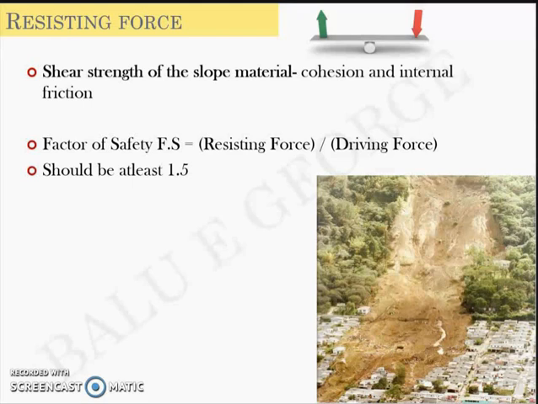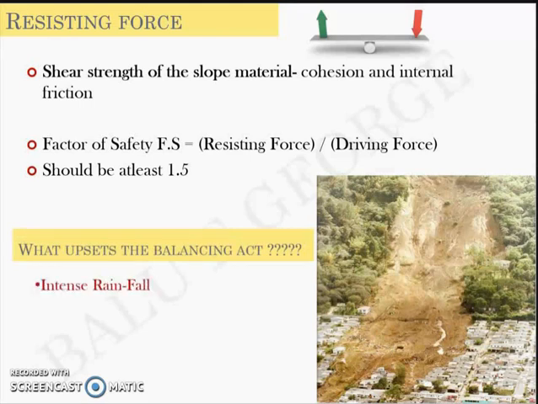Now what actually upsets the balancing act? Like we said, it is essentially a balancing act between the driving force and the resisting force. So which are the components which might actually upset it? Number 1 is intense rainfall. 2018 was an example. Number 2 is a change in water level.